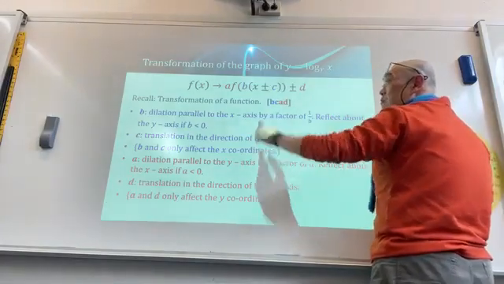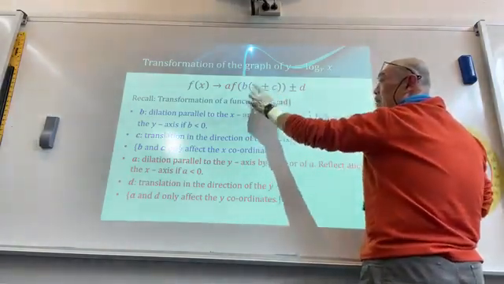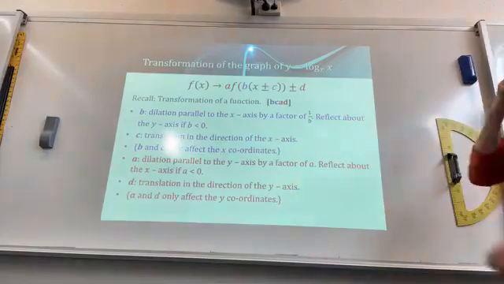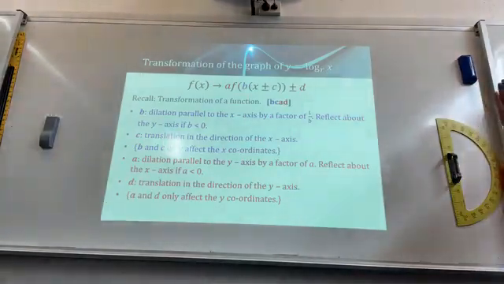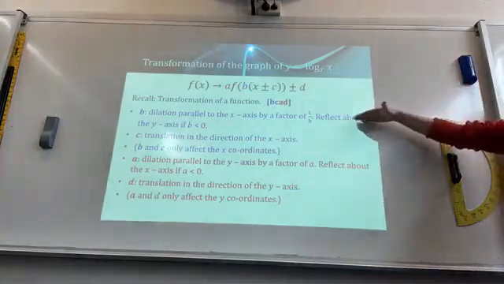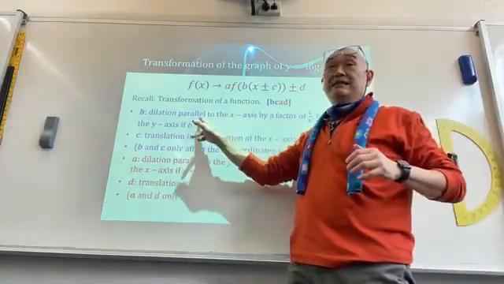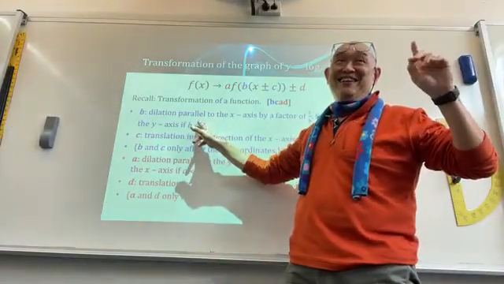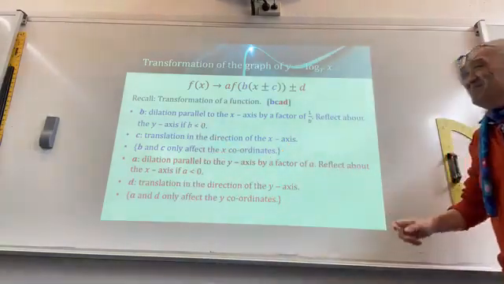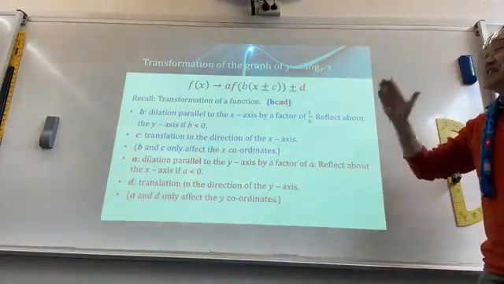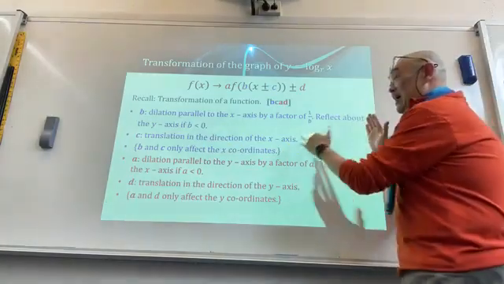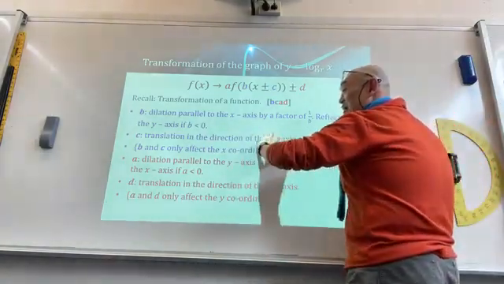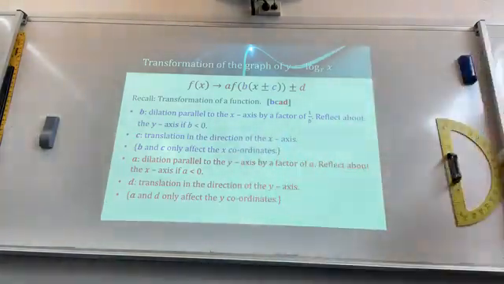So b, you have to factor it out. b is dilation parallel to the x-axis by a factor of 1 over b. Reflected about the y-axis if b is less than 0. There will be a log of negative x. I'll show you that later. c is translation in the direction of the x-axis, that way or that way. b and c only affect the x coordinate.